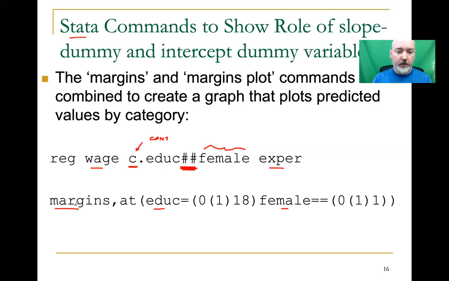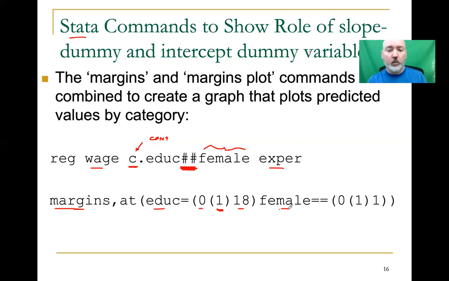So this margins command, at, and then parentheses, education equals 0, 1, 18, means we're going to calculate the marginal effect for all values of education between 0 and 18, changing at 1 unit increments. Depending on what your data looks like, what the minimum and maximum might be, and what those changes in between look like, we can specify that here.